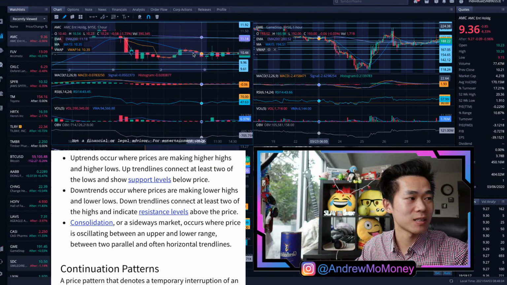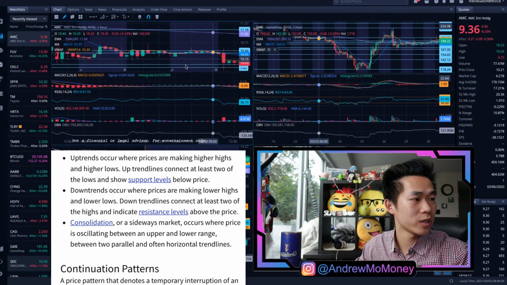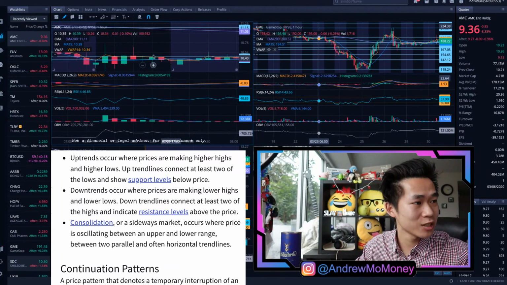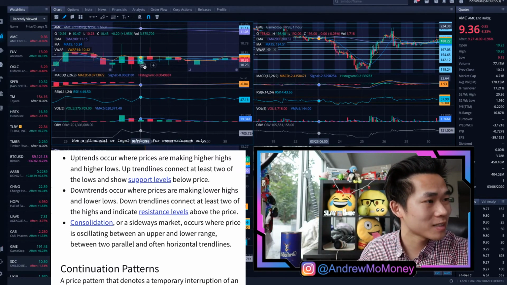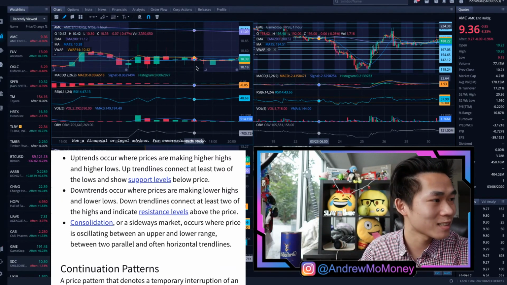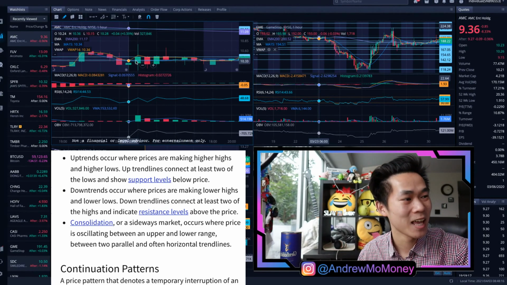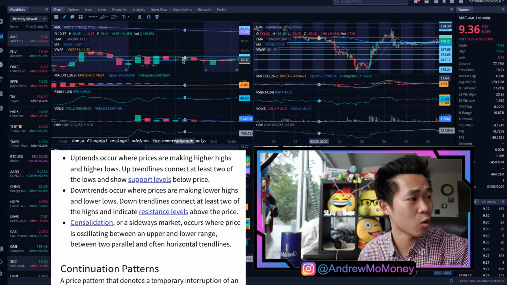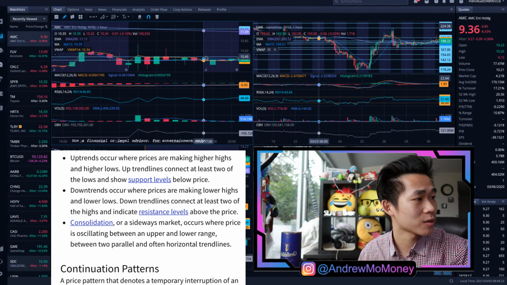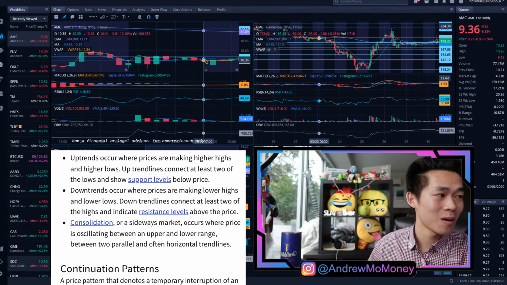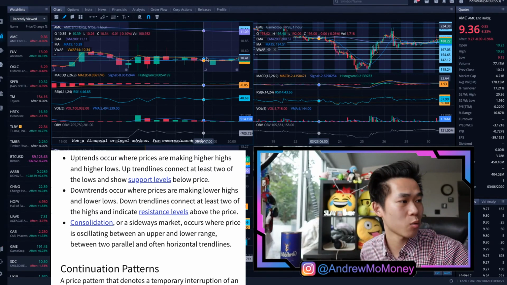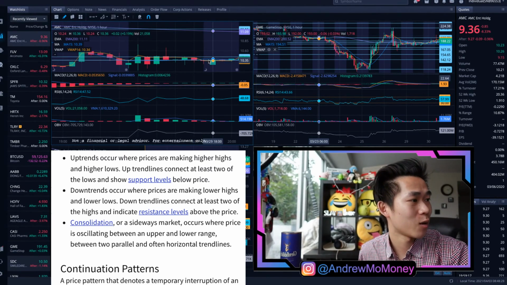Now let's try to see one of consolidation here. So this is basically a textbook fantastic consolidation. The reason why AMC is such a tricky beast is that it oftentimes bounces between two very, very tight levels of resistance and support. So here we have a 10-cent difference between this level of resistance and support. We have 10.45 and we have 10.35.